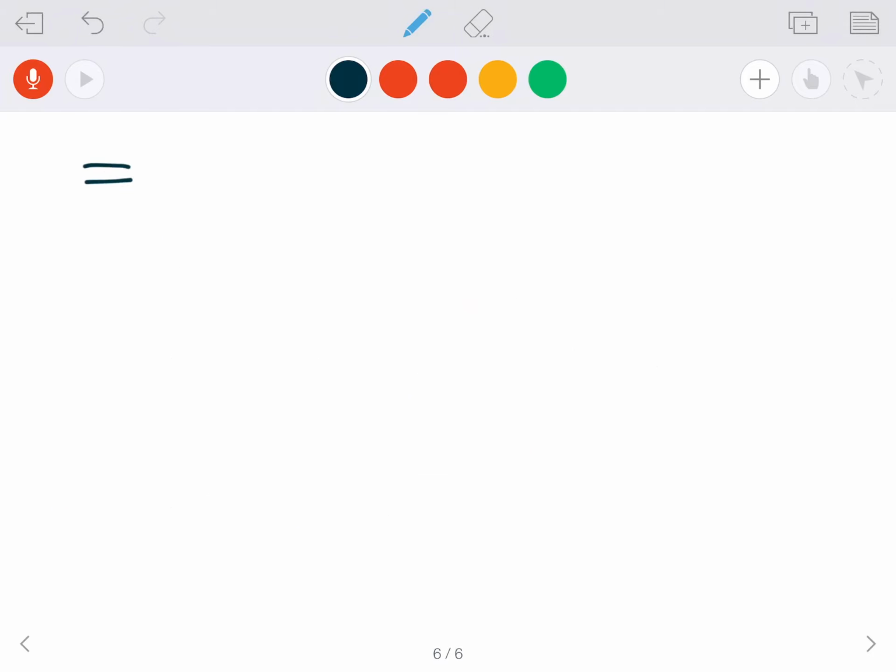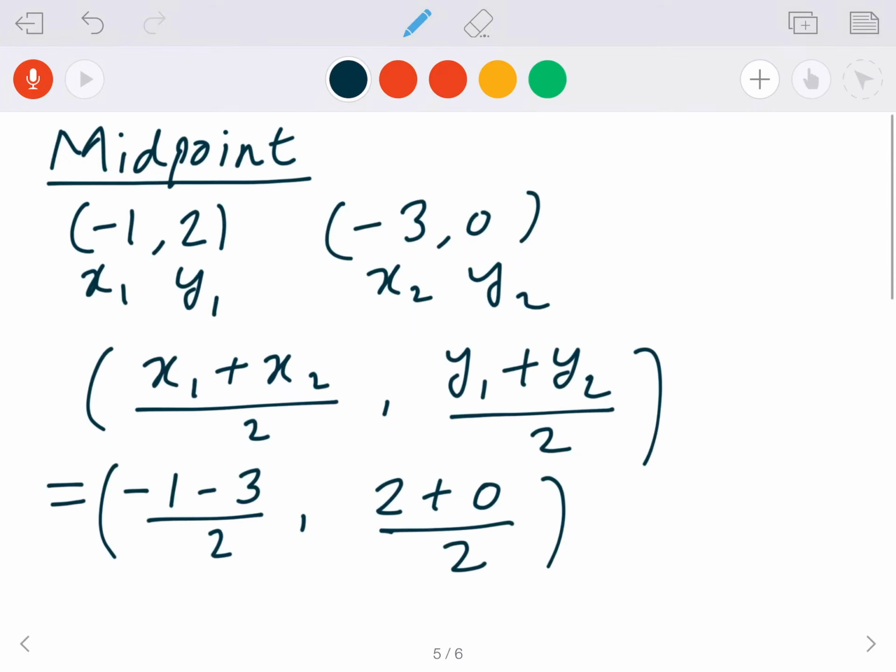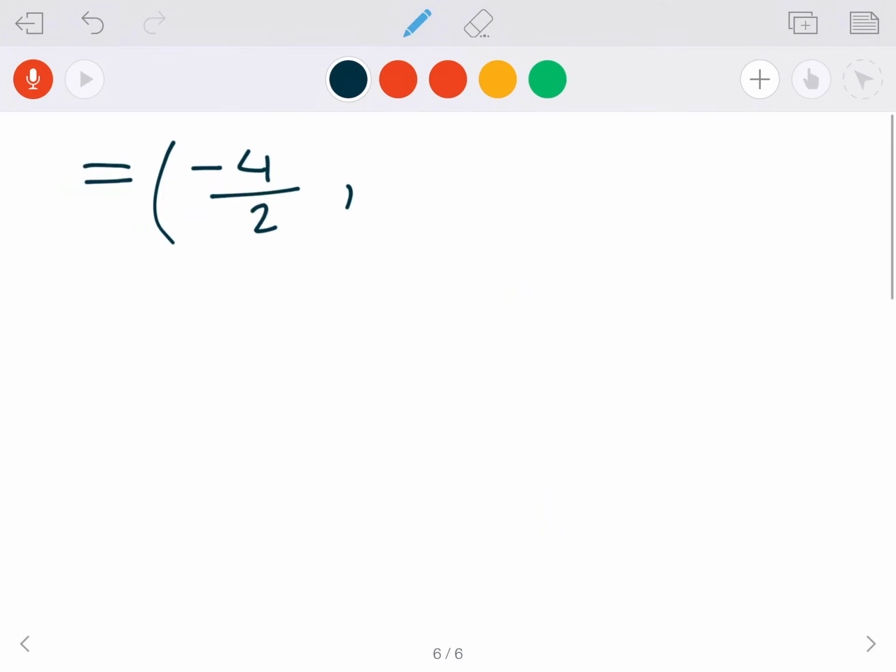Negative 1 plus negative 3 is negative 4 over 2, and 2 over 2 is just 1. So negative 4 over 2 is negative 2, comma 1. It's all about using the formula, that's it. Just use the formula and get the value that we are looking for.